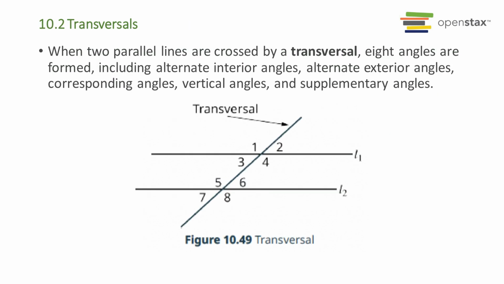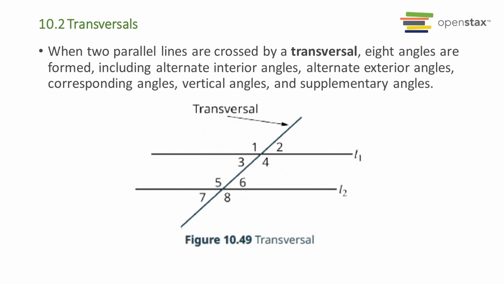All right. So what happens when you have two lines that are parallel to each other and they're intersected by a third line? Well, 8 different angles are formed, but a lot of them are actually equal to each other. They are distinct angles, but a lot of their measurements are the same. And so we have various types.